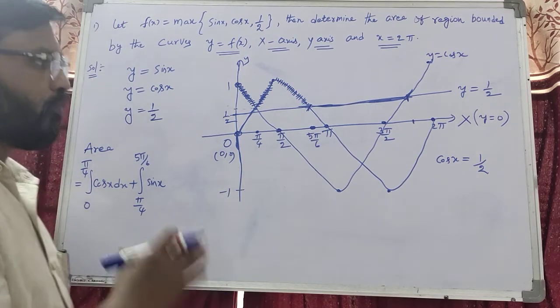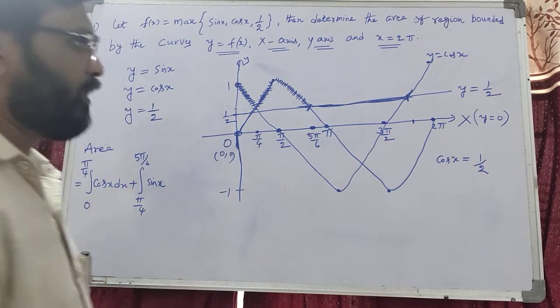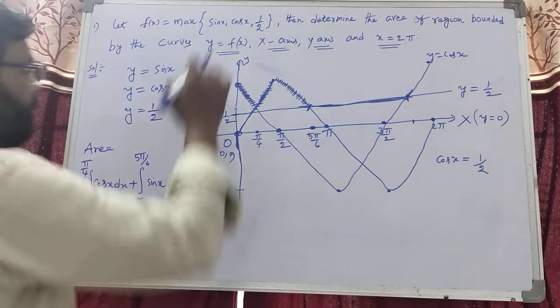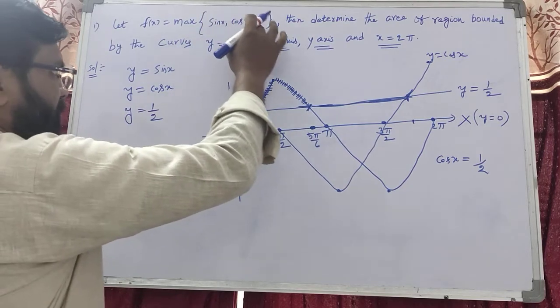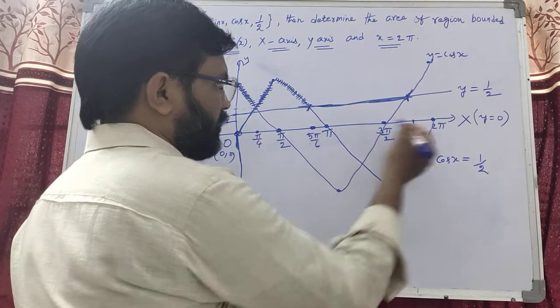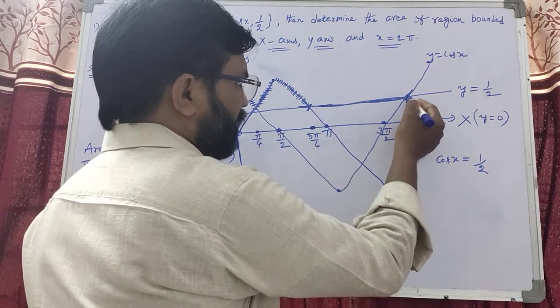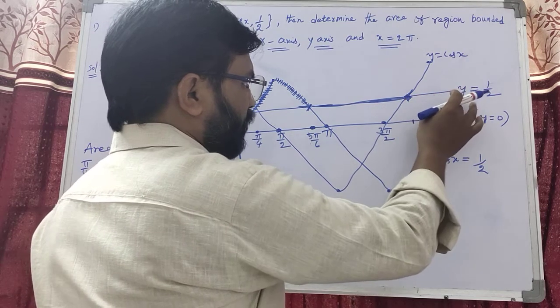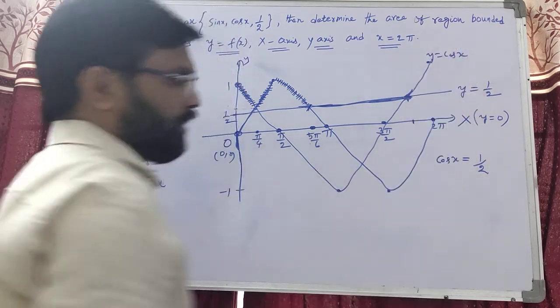So here, first you observe which is the upper curve. Three curves are there: one is sin x, another is cos x, and another is a straight line. So between 5 pi/6 and this point, this is the point of intersection of the line y equals to 1/2 and y equal to cos x.